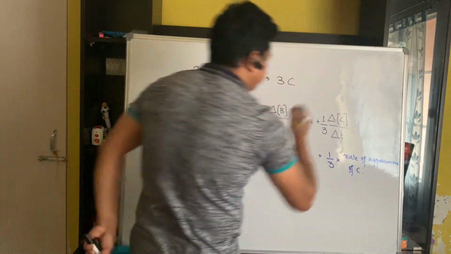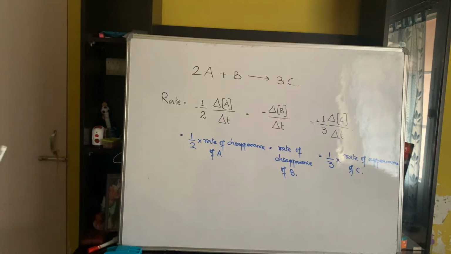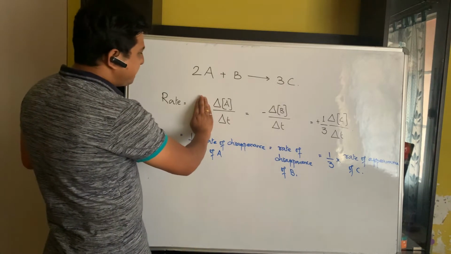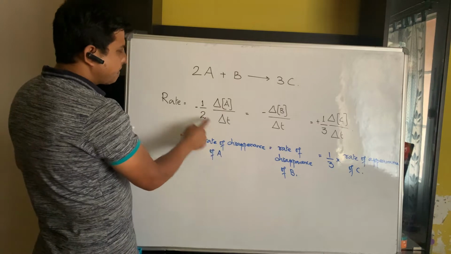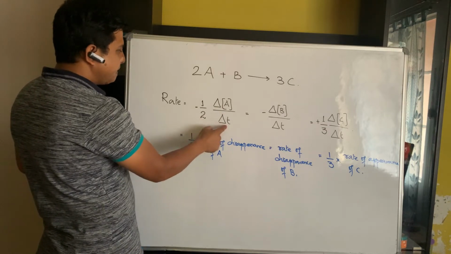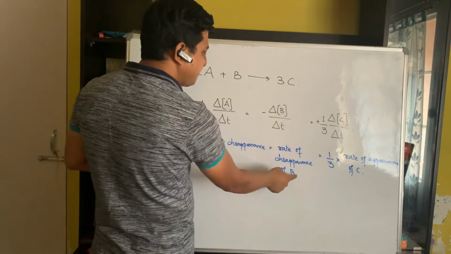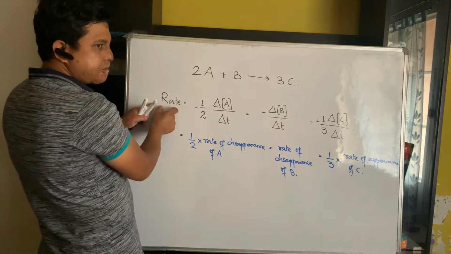Okay, so in this reaction, minus del A by del T represents the rate of disappearance, so half multiplied by minus del A by del T is equal to the rate. Here minus del B by del T is equal to the rate of disappearance of B, which is equal to the rate of a reaction.